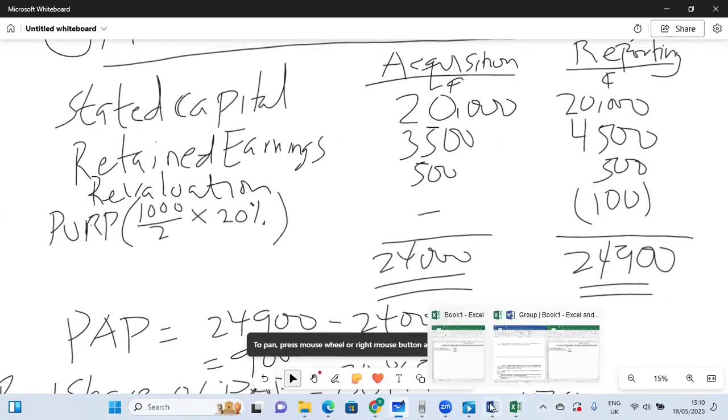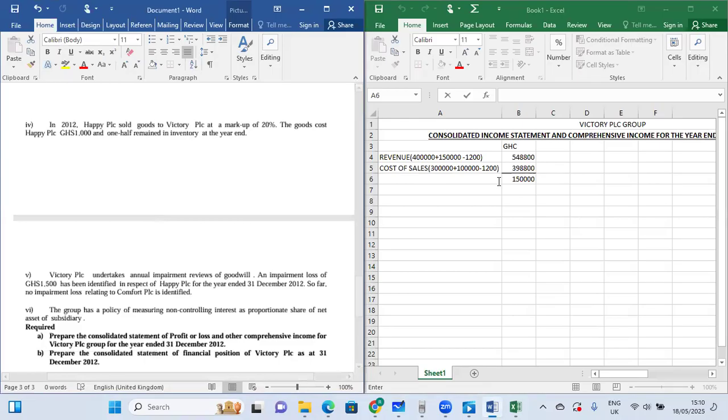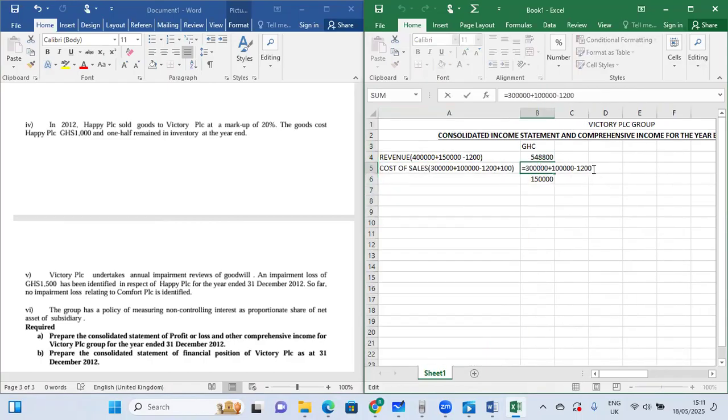So we have to take it out of the cost of sales, because the closing inventory is part of the cost of sales. So here we have to add it to it. So plus 100. All right. So now this will be our gross profit.